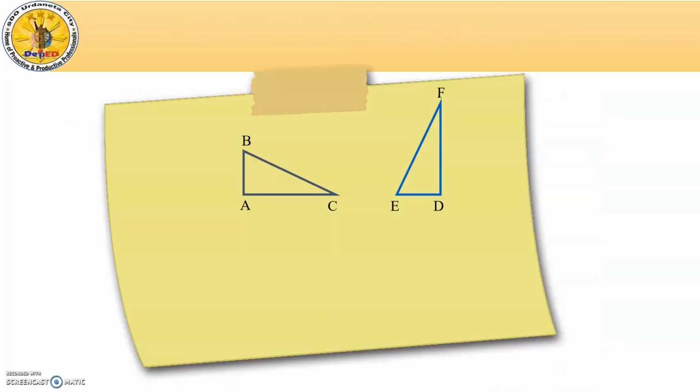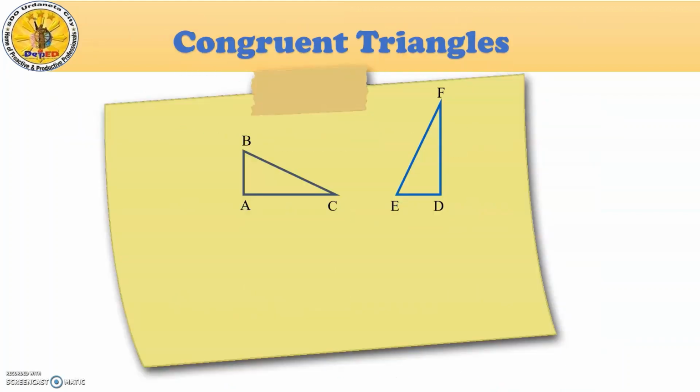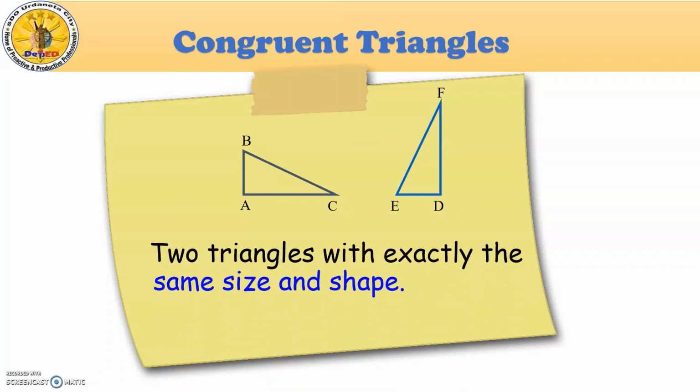In general, two triangles will only be congruent if they have exactly the same size and shape. From the two triangles shown here, we can notice that they are not in the same position. But if there is a turn or a flip, they are the same.